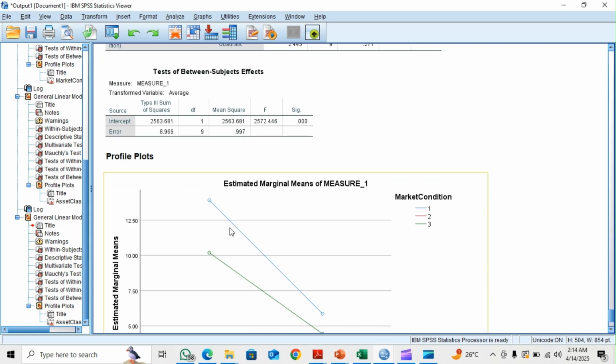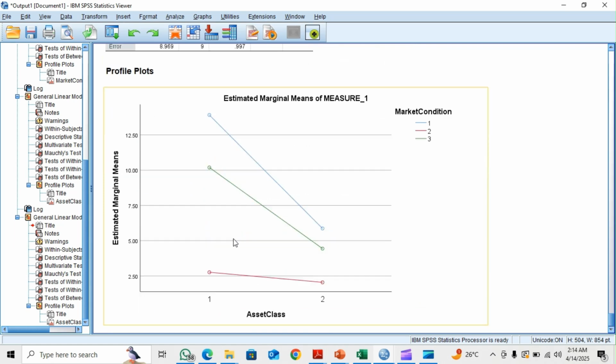From the profile plot here, we see a line graph that shows the interaction between market condition and asset class. As we can see, the asset class is on the horizontal axis. We have the stock as number one and bond as number two.